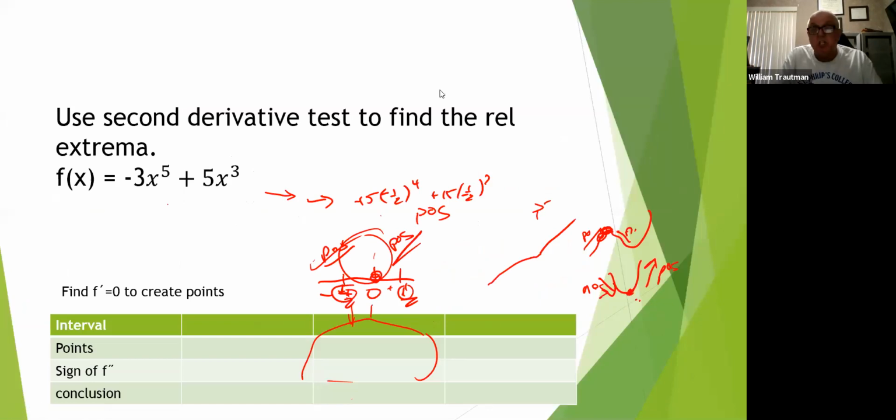Anyway, let's put this onto my calculator really quick and take a look. Our graph is y equals -3x to the 5th plus 5x to the 3rd.